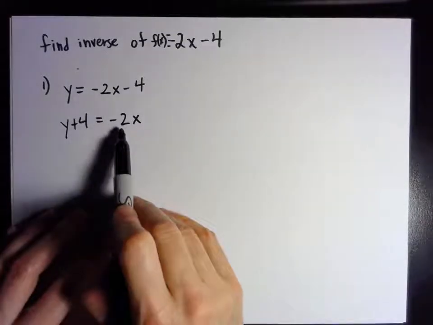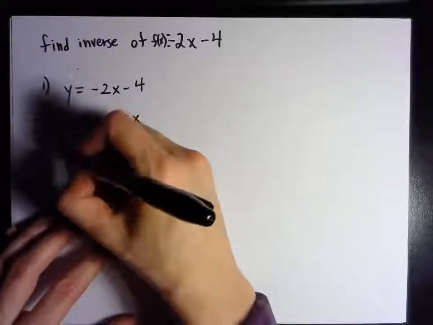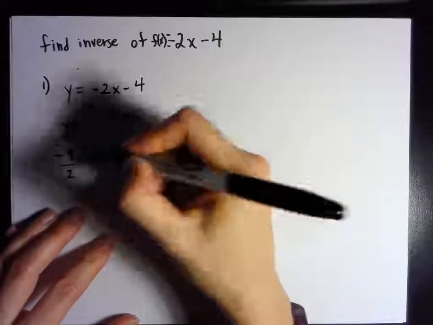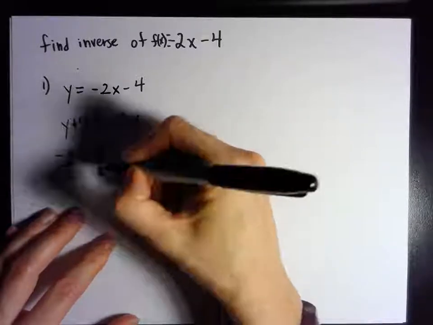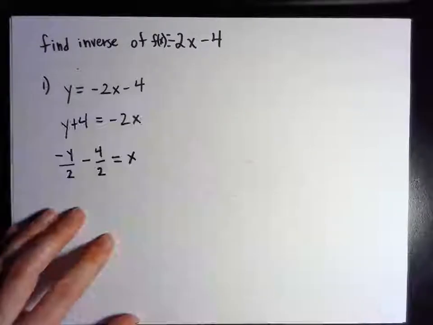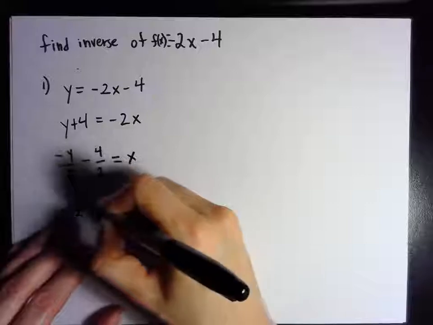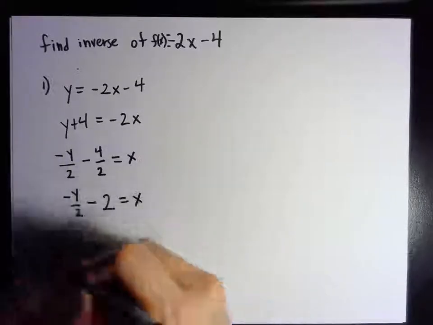And then divide by 2 to isolate the x. So divide by -2. So I get -y over 2 minus 2 plus x.